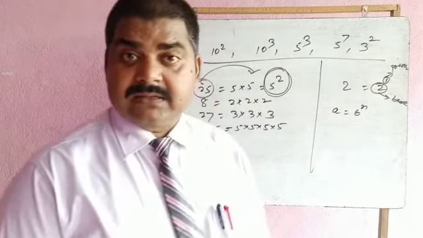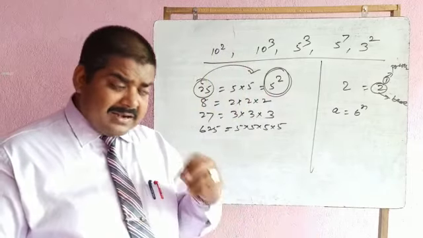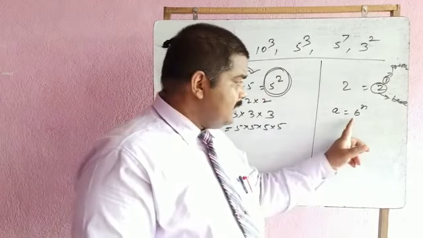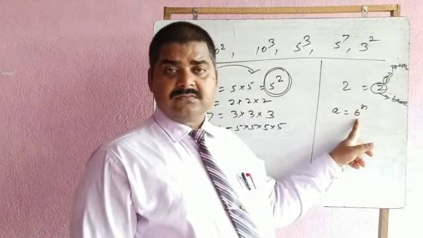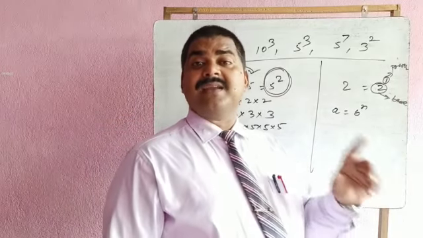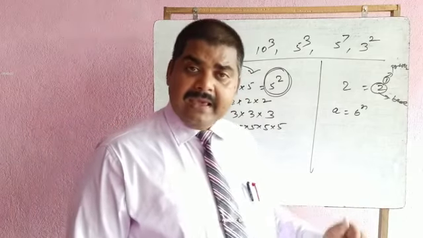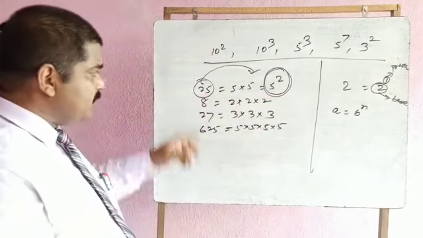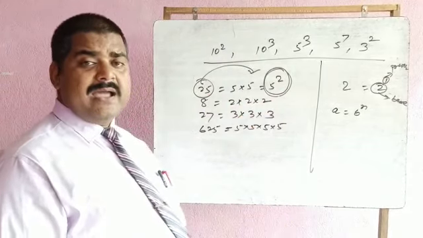Here is an example: 25 can be written as 5 to the power 2, or 5 square.